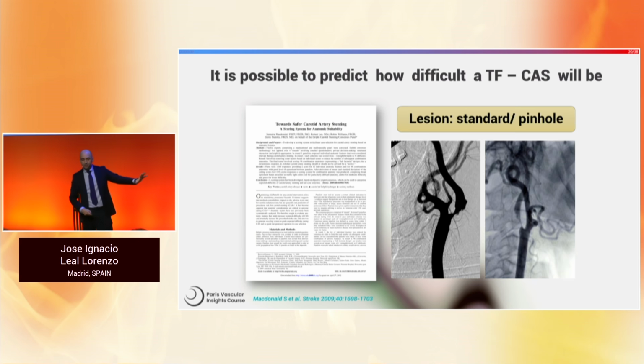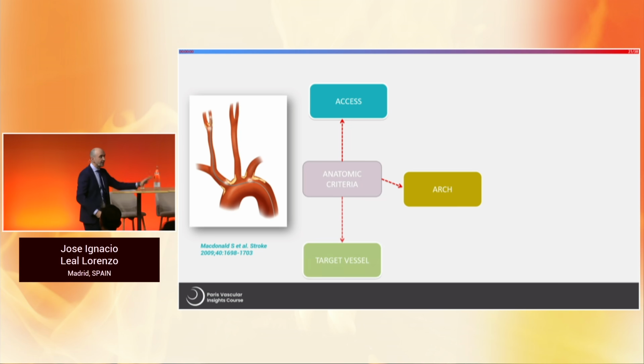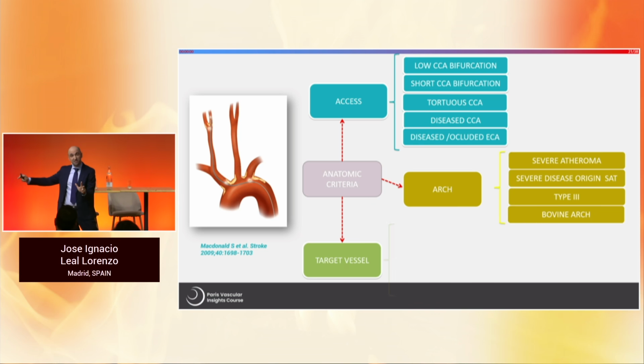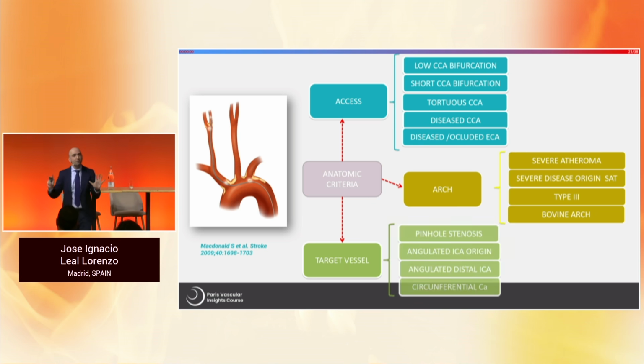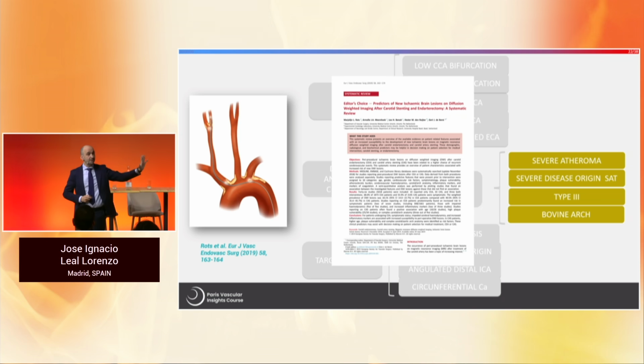We could split this into 3 headlines: access, arch, target vessels, but focus on the arch ones, because they have been directly related to an increase in brain embolization. I don't like that in my patients.